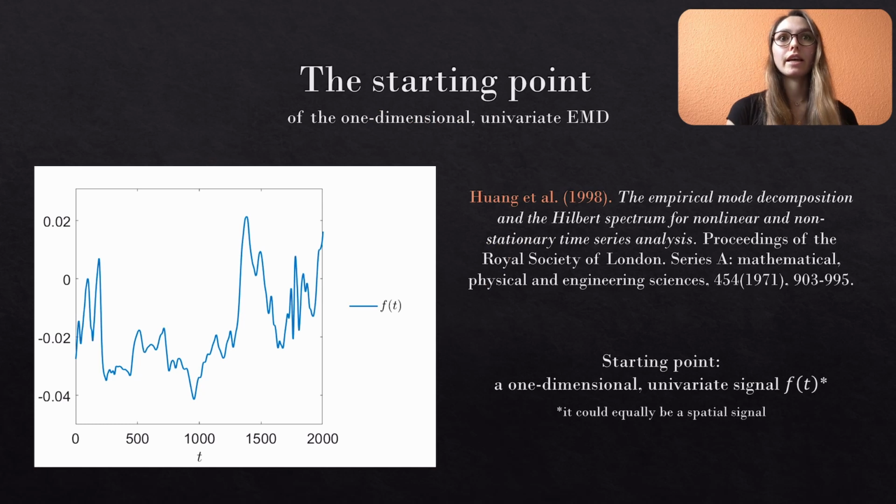To keep it easy and understandable in the first place, we will start with a one-dimensional univariate EMD. This is the very first version of the EMD that was introduced in 1998 by Huang and co-workers. I have put the corresponding paper on this slide, and I highly encourage you to take a look at this paper when you decide to use the EMD on your own data.